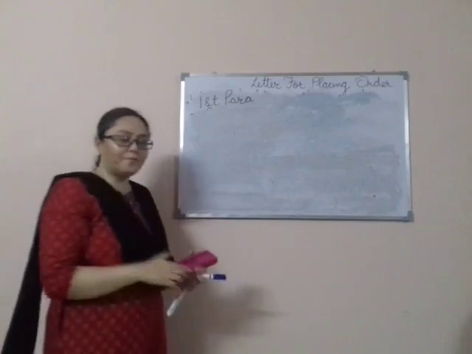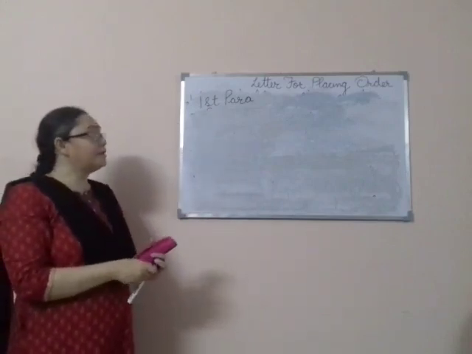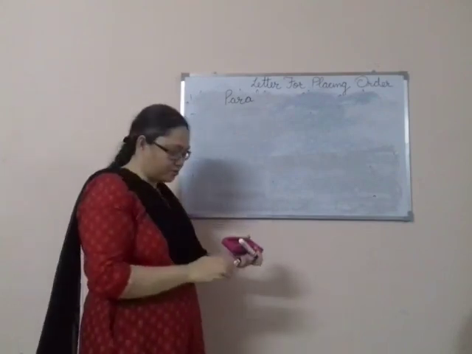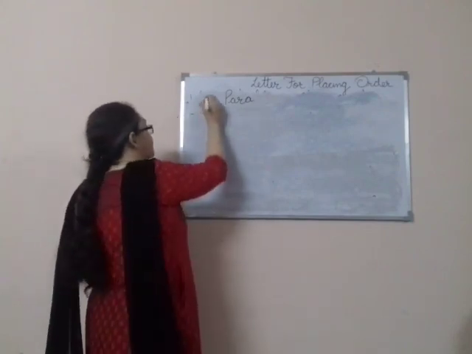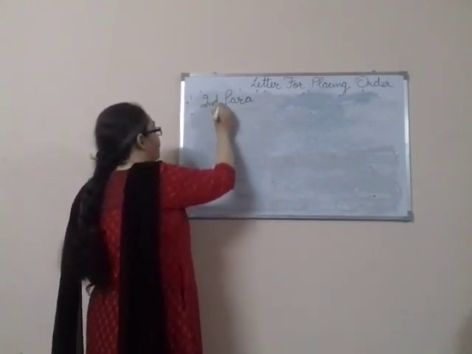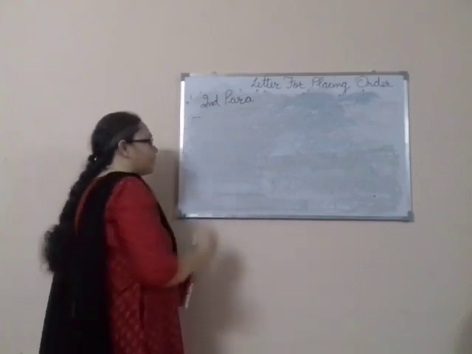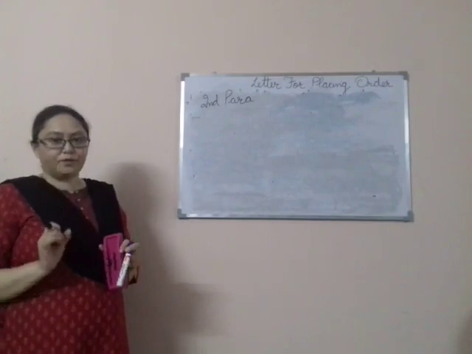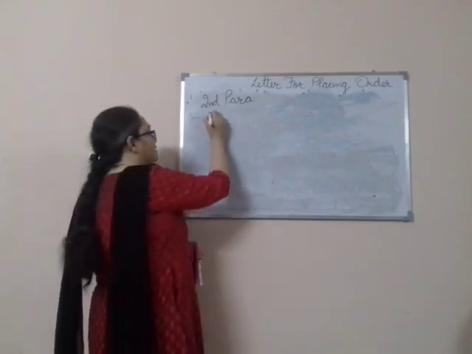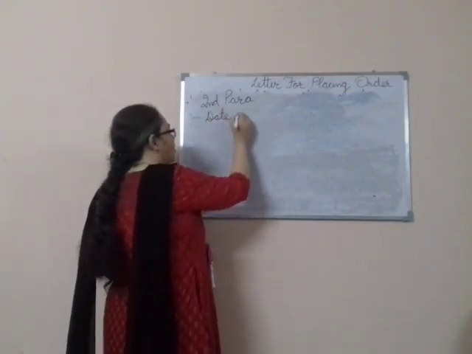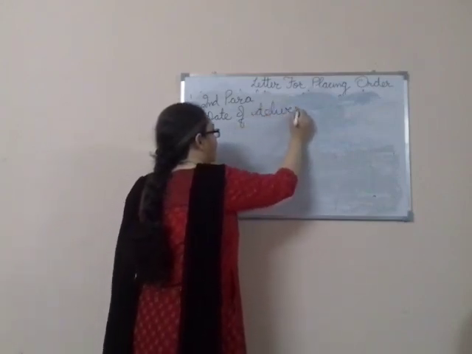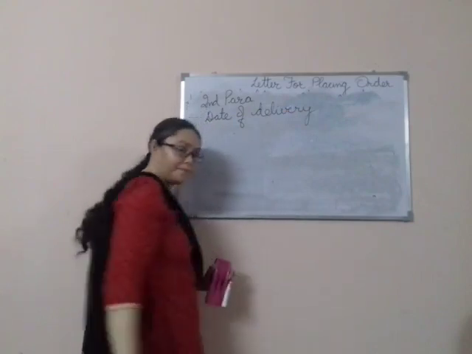Now let us move to the second paragraph. Here we are coming to the second paragraph. Now, in this paragraph, the first thing that we are going to write is the date of delivery.